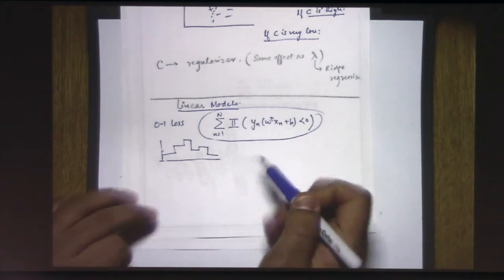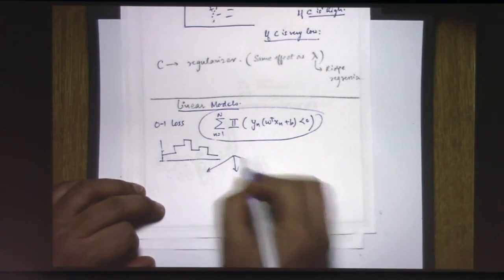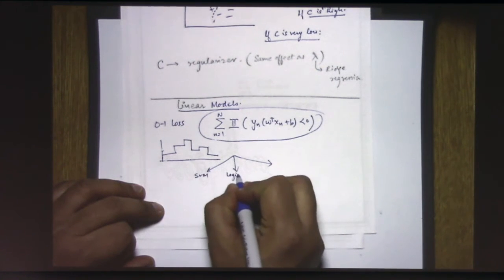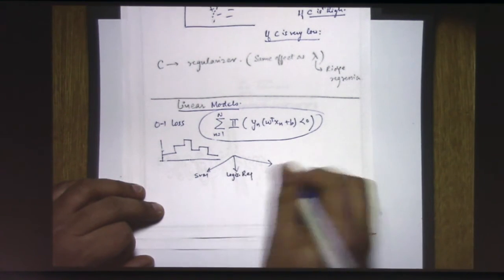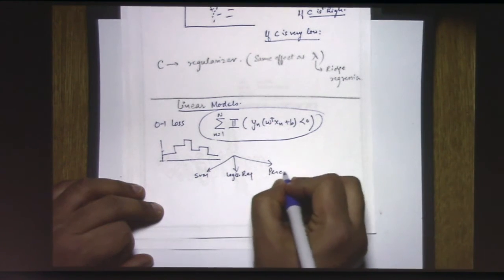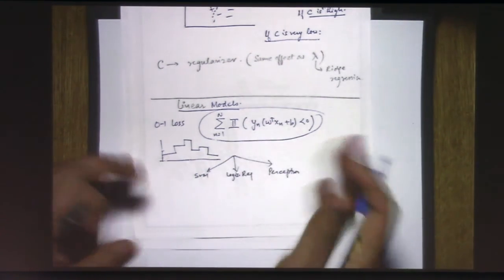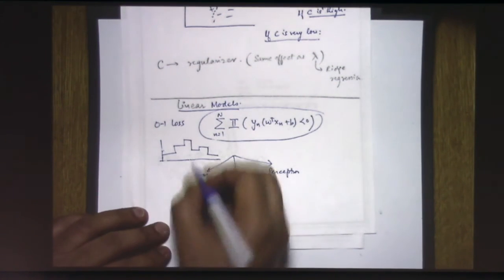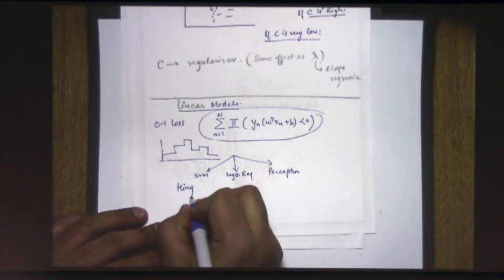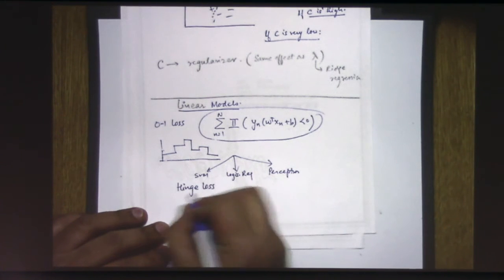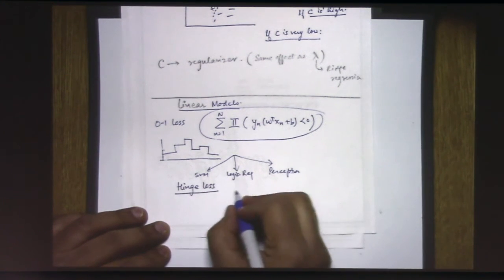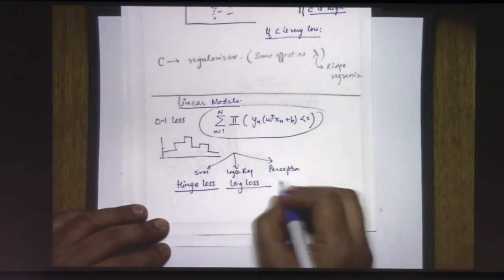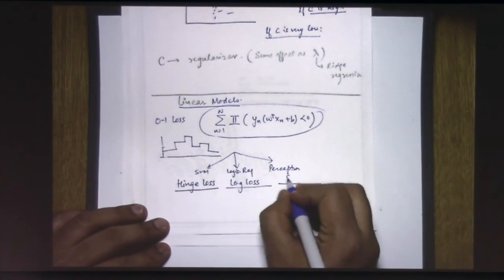So what all of these different methods do, SVM, logistic regression, and perceptrons, is that they change this loss function in different ways. The loss that SVM looks at is called hinge loss, and I'm going to explain it. The loss that logistic regression looks at is called log loss, that you are familiar with. And the loss that perceptron looks at is called the squared loss.